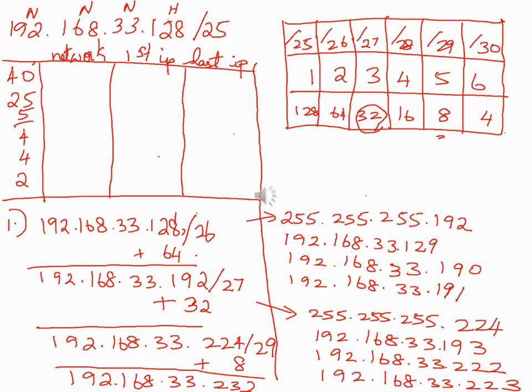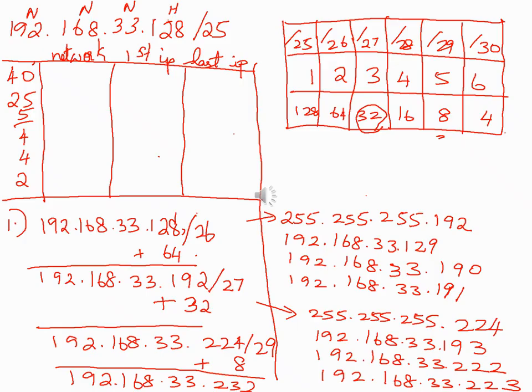If borrowing 5 bits, the slash notation will be 29 and the block size will be 8. If borrowing 6 bits, the slash notation will be 30 and the block size will be 4. In any class C address, we know there are 8 bits here, but we cannot borrow all 8 bits. Why? Because we cannot take all zeros and all ones. So we can go till slash 30 only. That is the first condition you have to remember.